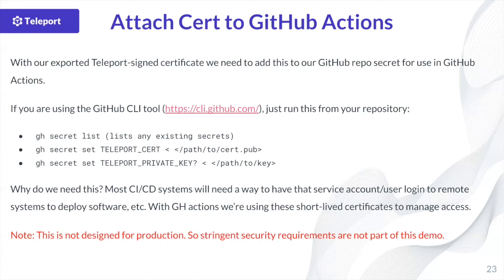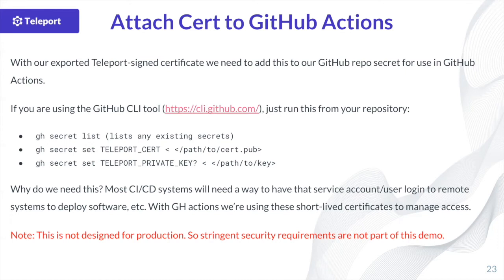But with GitHub, we're using GitHub related tools. So I'm using GitHub CLI. And so from my command line, I can list any existing secrets that I have, and then I can make a path and point to it. So where I save this cert and where I save this GitHub Actions key, I'm actually going to set it in GitHub. That way I can reference it here in a little bit when we start showing our build.